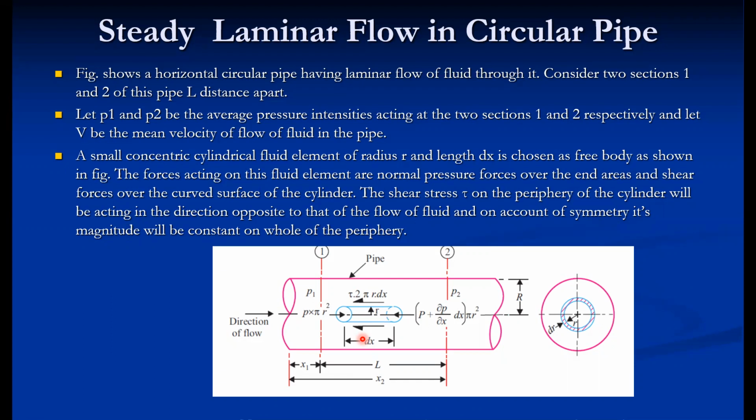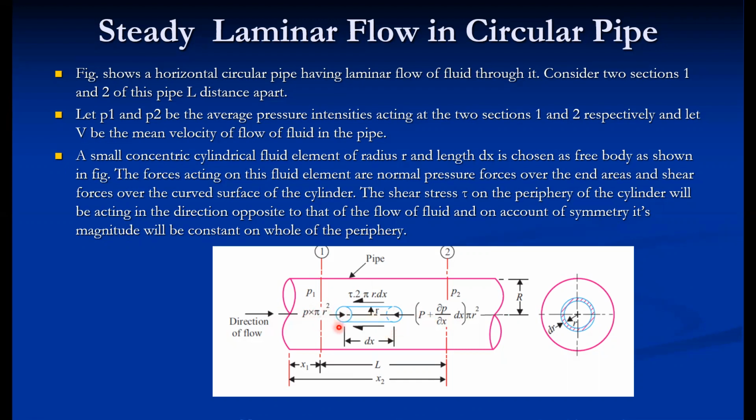Now, in this particular situation the pipe section is horizontal, so only two forces act on the element: the pressure force acting at the end faces, and the shear force acting at the circumference. For the pressure force, P is the pressure intensity, so the force on the left face is P into pi r square.